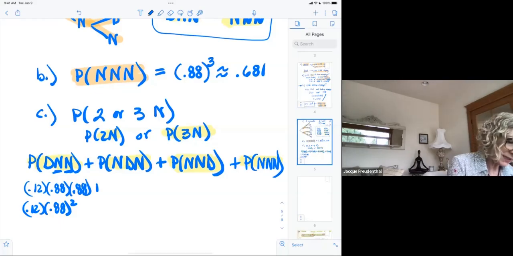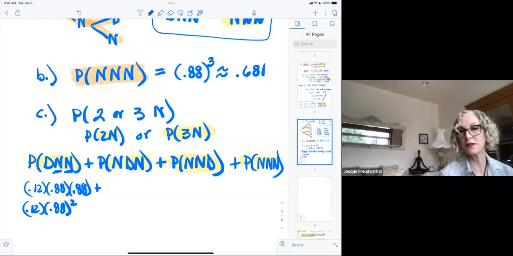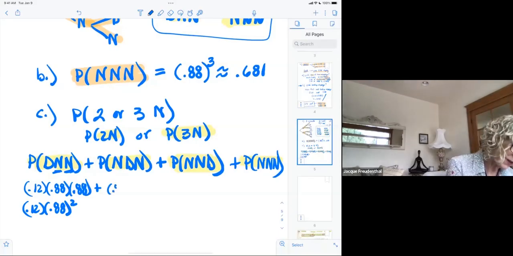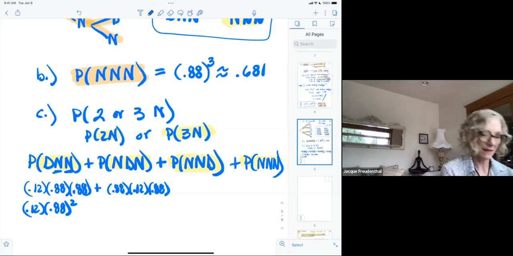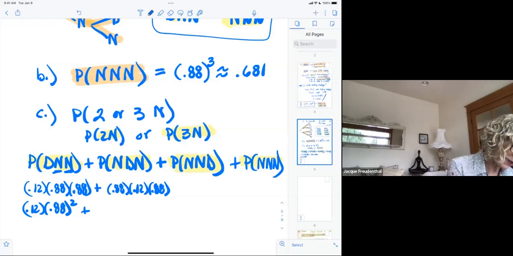Moving on to the next option, where the first is not defective, then I have defective and then not defective. But again, I can write this in a more efficient way because I can write that as 0.88 squared.